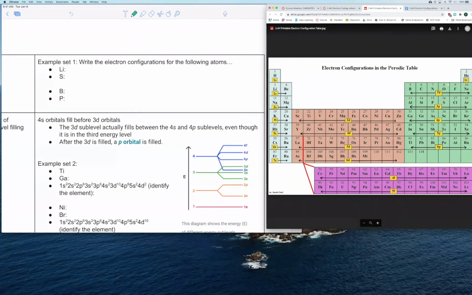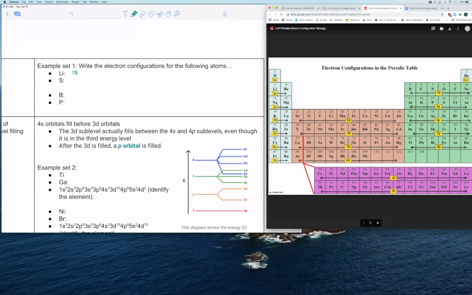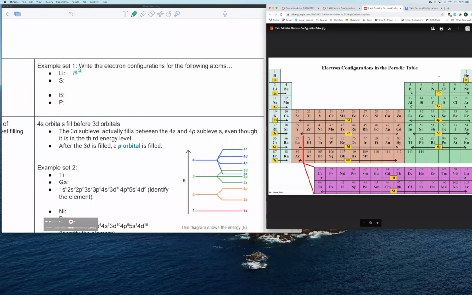Hydrogen is 1s, and in the 1s sublevel, we just count how many electrons we have. So we have 1 electron, 2 electrons. So I would write 1s and then put an exponent of 2. And now I move on to the next sublevel. Here, now I'm at 2s.